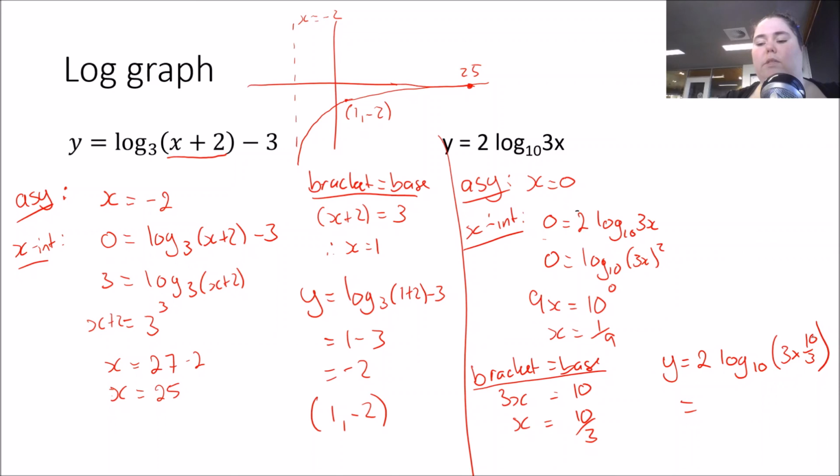Okay, so 3 times 10 on 3 is 10. Log 10 of 10 is 1. 1 times 2 is 2. So that's another point. Alright, so x equals 0, a ninth, and then 10 on 3, which is 3 and a third, and 2. So it's going to be somewhere in there.